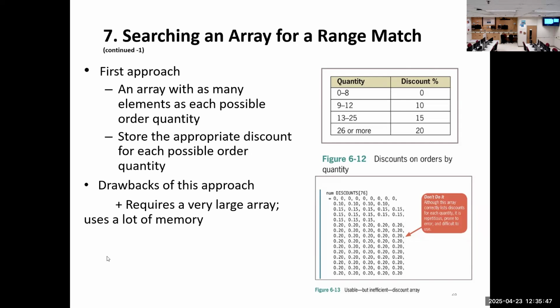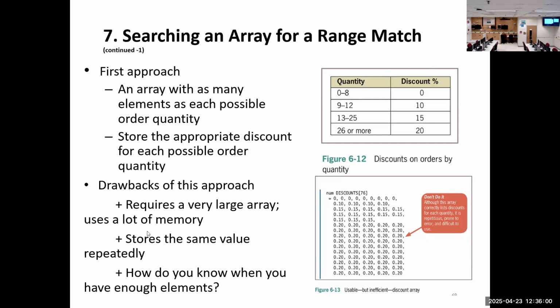You require a very large array here and use a lot of memory. You know that for each element of the array, you have to consume memory here, right? And also you have stored the same value repeatedly. Make sense? Now, how can you know when you have enough elements? This one is only 76, but a customer can order 1,000 or 10,000, right?